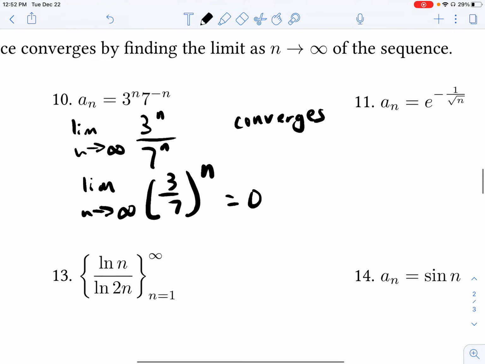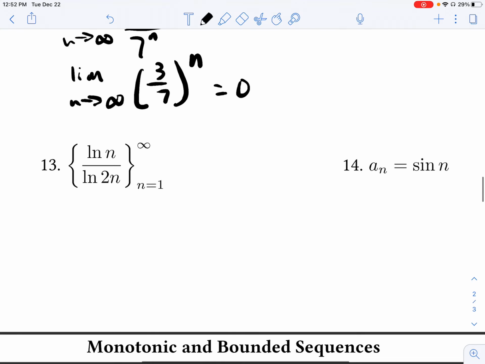Okay. I'm going to let you try a few of the other ones, but I do want to talk about numbers 13 and 14. So for this one here, we've got the limit of this as n approaches infinity, starting with 1. And we have to start with 1 and not 0 here because otherwise we get an undefined term. And there are actually two approaches. Hopefully you can see that we would be able to apply L'Hopital's rule here if we wanted to.